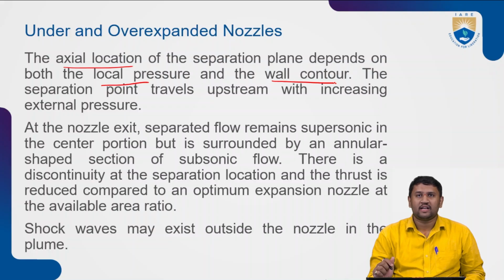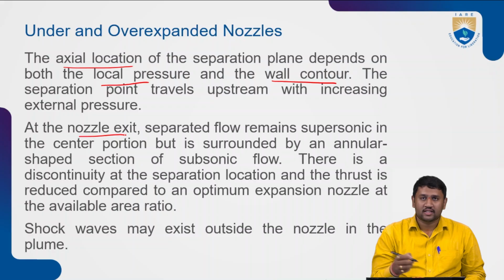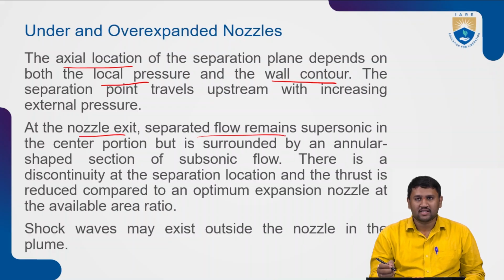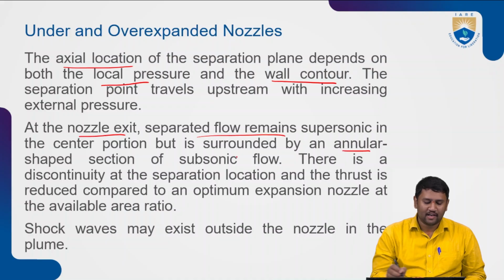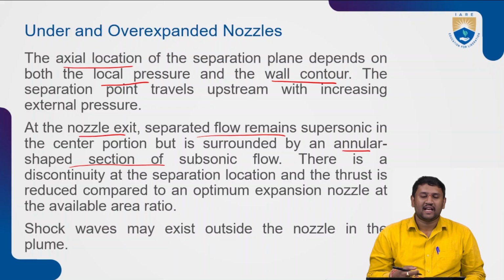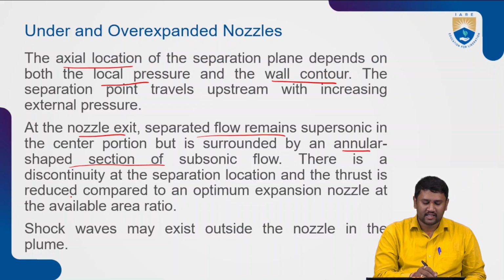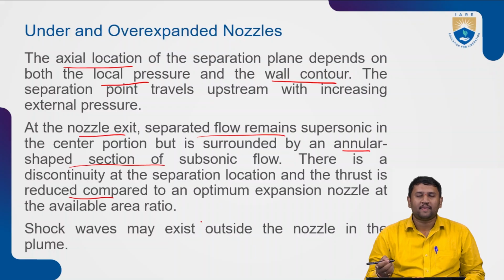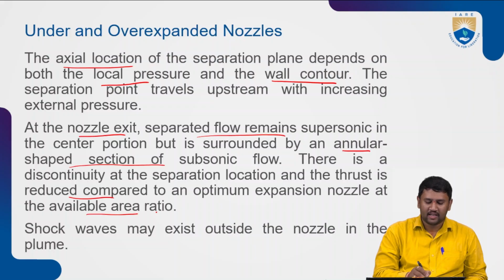The separation point travels upstream with increasing external pressure. At the nozzle exit, the separated flow remains supersonic in the center portion, but is surrounded by an annular section of subsonic flow. There is a discontinuity at the separation location, and the thrust is reduced compared to an optimum expansion nozzle at the available area ratio.